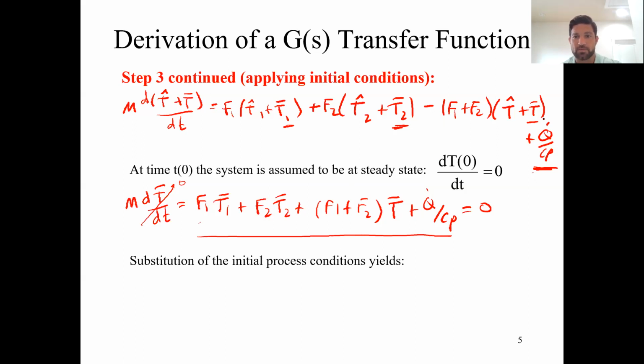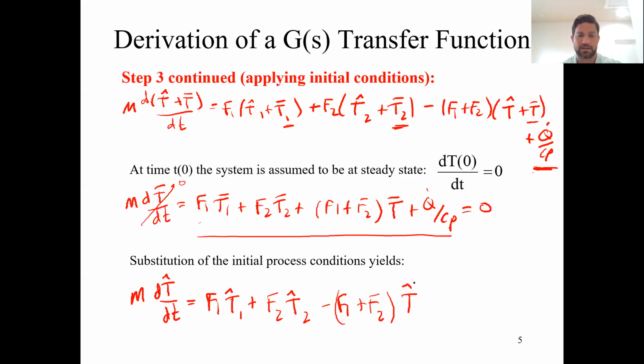So this term plus this term plus this term plus this term equals 0, and the derivative of this term right here is 0. Therefore, I know that m times d T hat dt is what's left over. This term is not 0, but the derivative of a constant is 0. So it equals F1 times T1 hat plus F2 times T2 hat minus (F1 plus F2) in parentheses times T hat.